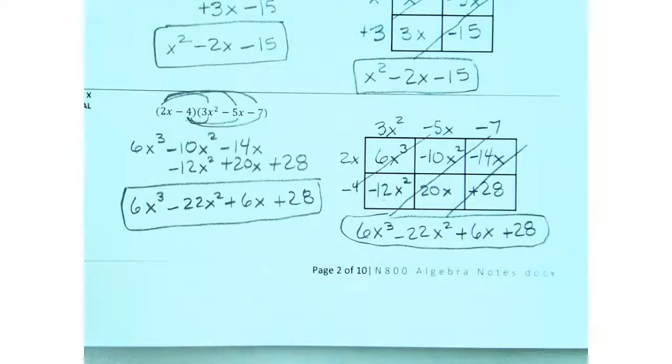So when multiplying, the power changed. When we combined like terms, the power did not change. Negative 10x squared plus negative 12x squared stayed negative 22x squared. 20x plus negative 14x stayed 6x. The power did not change when we added like terms, only when we multiplied.